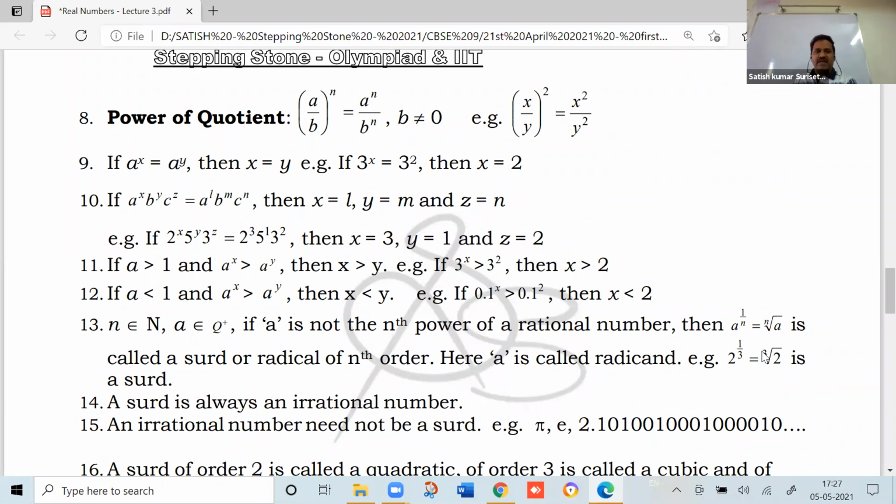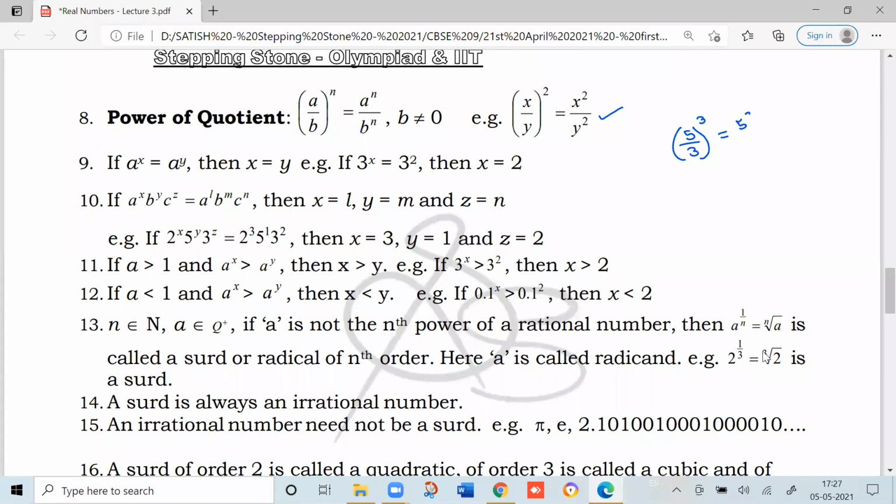Next, power of a quotient means a by b to the power of n equal to a to the power of n upon b to the power of n, where b not equal to 0. That is x upon y whole square equal to x square upon y square. Suppose if you are having 5 by 3 whole cube, tell me, what should I write this as? 5 cube by 3 cube.